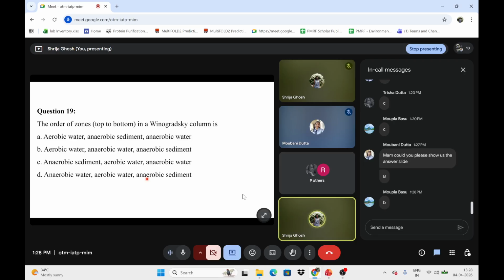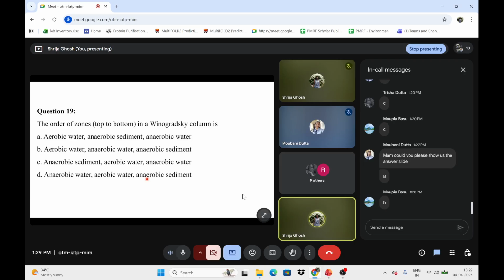So aerobic water, anaerobic sediment, anaerobic water, or aerobic water, anaerobic water, anaerobic sediment, or anaerobic sediment, aerobic water, anaerobic water, or anaerobic water, aerobic water, and anaerobic sediment. What would be the correct answer? I have two answers in the chat box. What about others? All of you write your answers in the chat box. What should be the topmost layer and what should be the bottommost layer? Think about a pond.